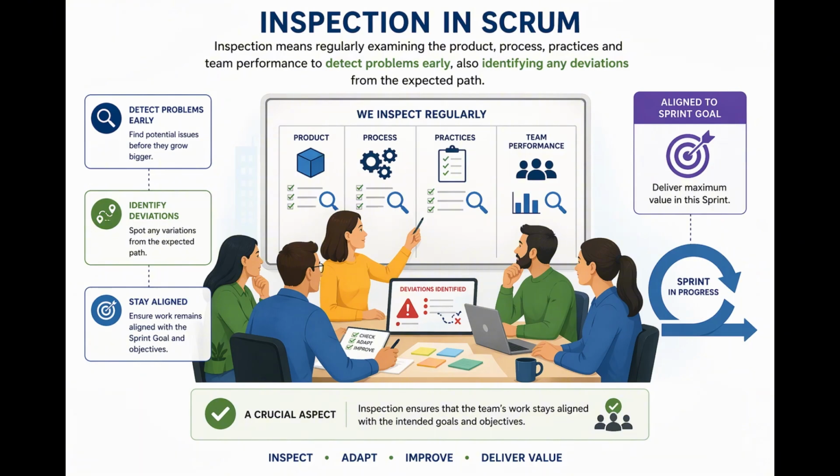Also, identifying any deviations from the expected path and ensuring the team's work stays aligned with the intended sprint goals and objectives. It is a crucial aspect of ensuring that the team's work aligns with the intended goals and objectives.